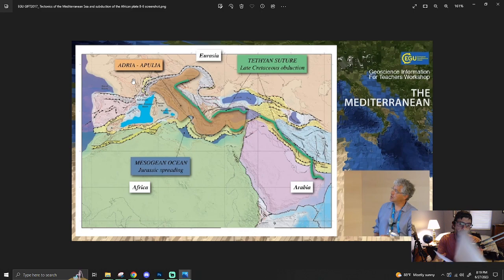Adria, Apulia. Adria Apulia, a continental block that detached from Africa somewhere in the Mesozoic. Somewhere in the Mesozoic, this block, Italy and up here and down here, was attached to Africa, detached from it, and seemingly reattached up here. I'm not so sure that it was detached from Europe.